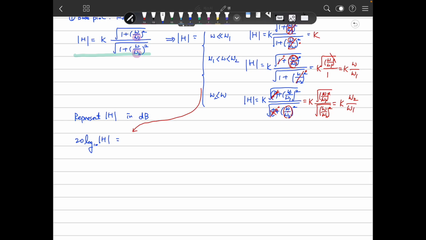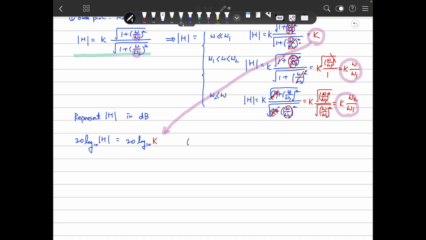So at first it will be 20 log 10 of this variable, this variable, and this variable. We insert it here. So it will be k.